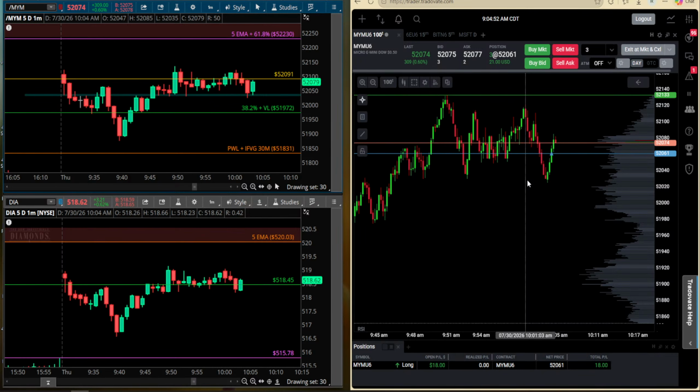But as soon as I set that time frame to 100 ticks, we rejected the point of control, and we retested that fair value gap. As soon as we retested the fair value gap, I entered, and the market is still making a move towards upside. It's very aggressive.